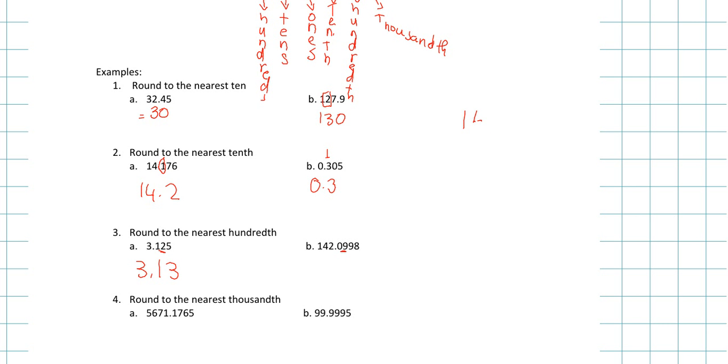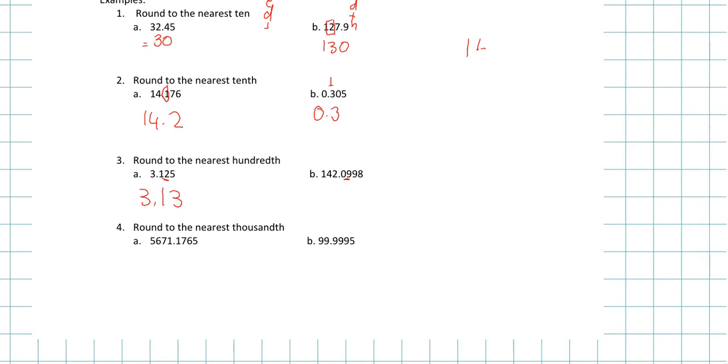So if I'm rounding that 9 up, that's going to be 10. Because that's going to become 10, we have to cascade it to the one before that. So that's going to be 142.1. But because I want it to the nearest hundredth, I have to hold another position here because it has to be to 2 decimal places. That's what it means. But in this case, I already have the 2 decimal places, I don't need to include anything else. Does that make sense?